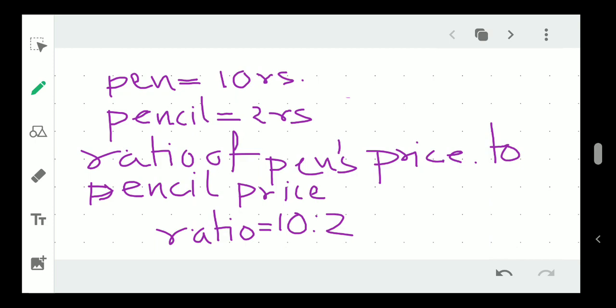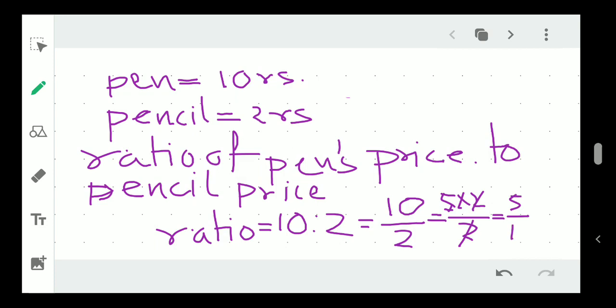So what does it mean? 10 is to 2 means nothing but 10 divided by 2. So you can see that if I write this 10 as 5 into 2 by 2, then the 2 and 2 will cancel, and I will get only 5 by 1.